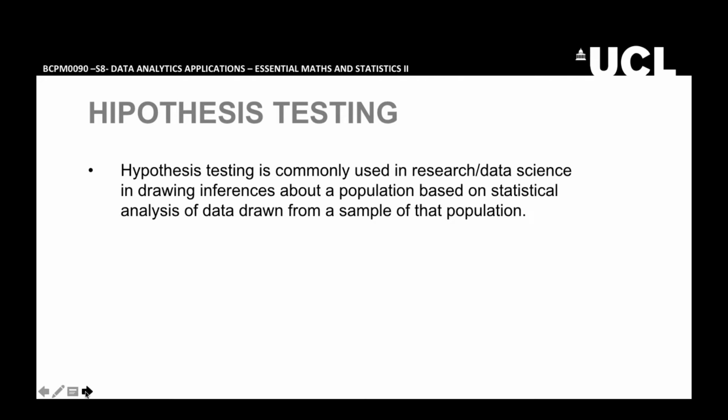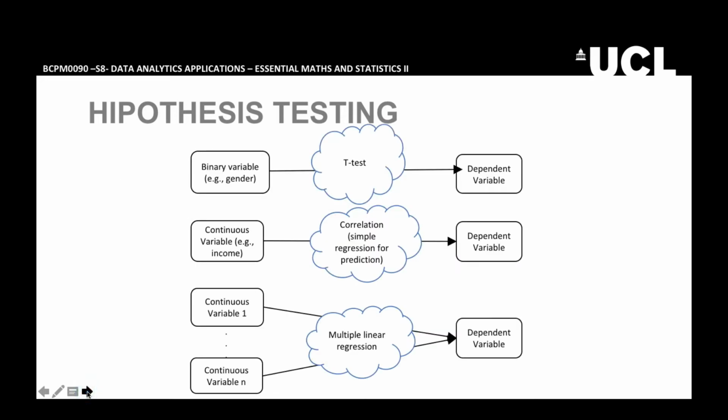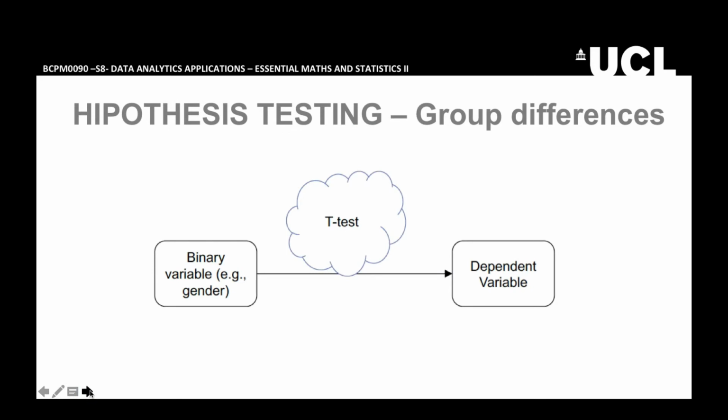Depending on the type of variable that we have and the number of variables that we are considering, we will use different methods to test hypotheses. The first method that we are going to cover today is about how to analyze group differences.